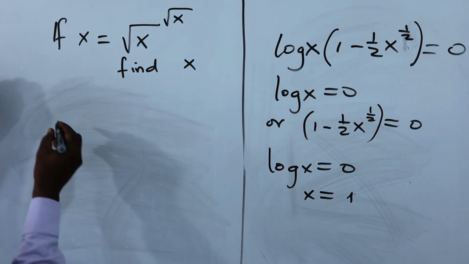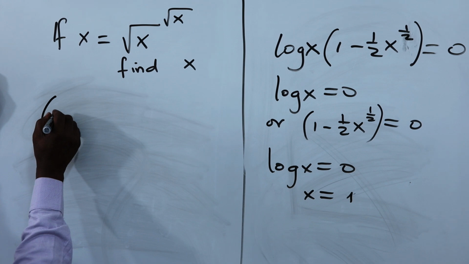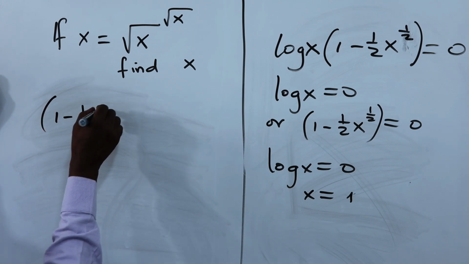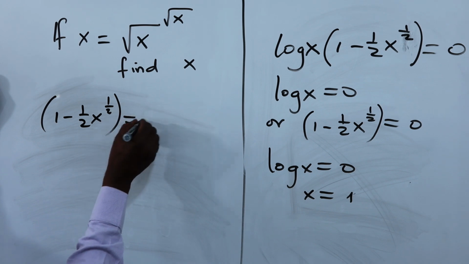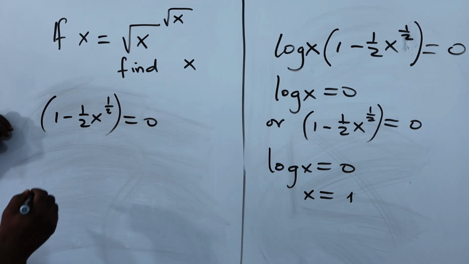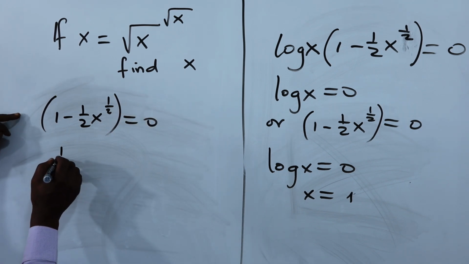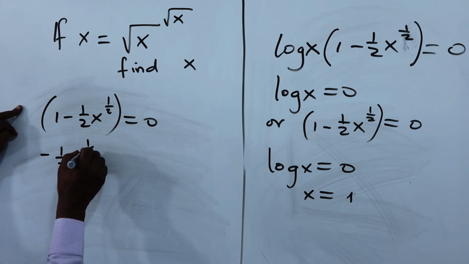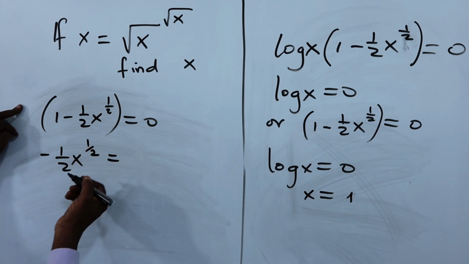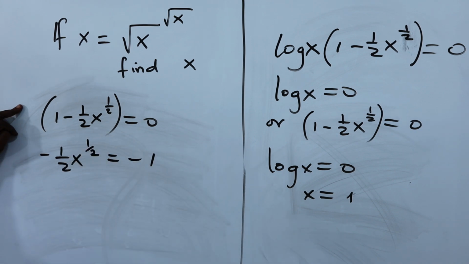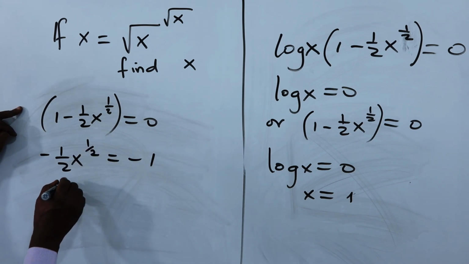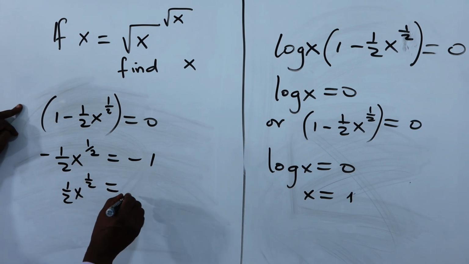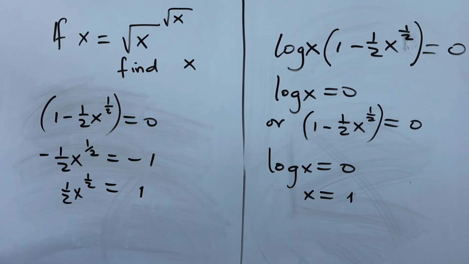Secondly, that's the second case now, 1 minus half x raised to power half is equal to 0 means that minus half x raised to power half is equal to minus 1, or half x raised to power half is equal to 1.